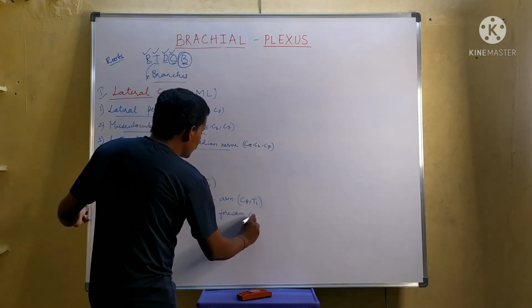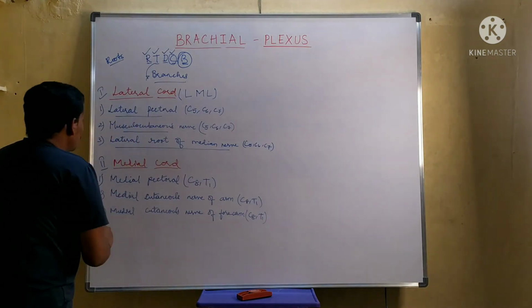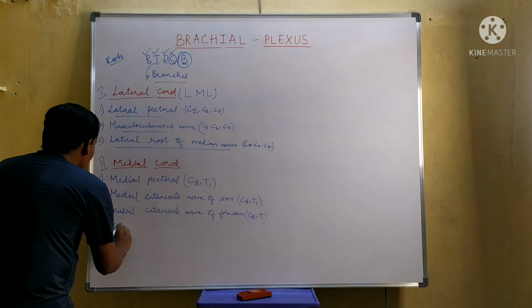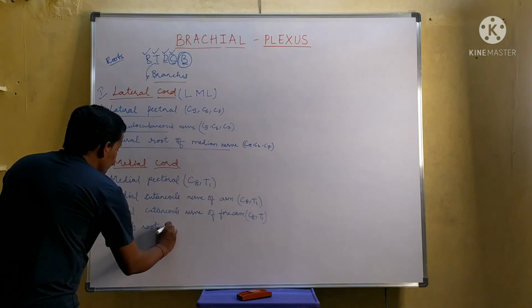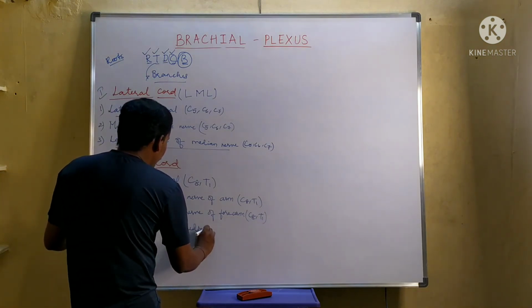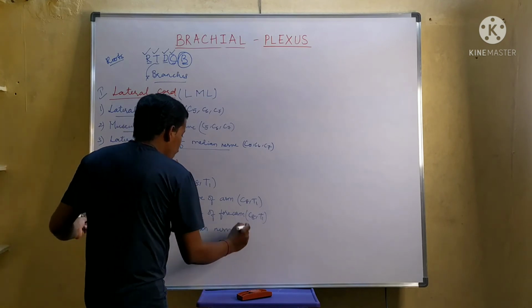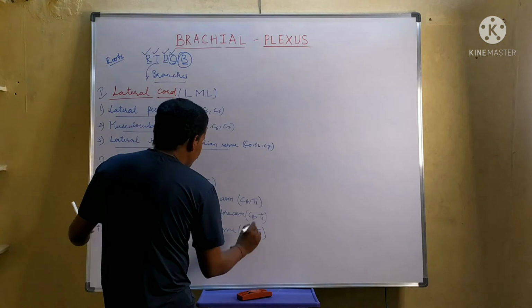The fourth branch is medial root of median nerve, again the root value is C8, T1.